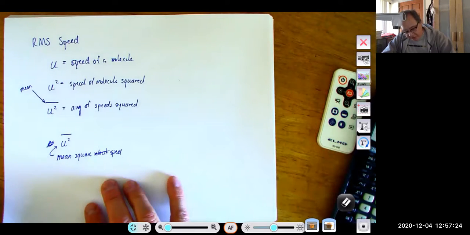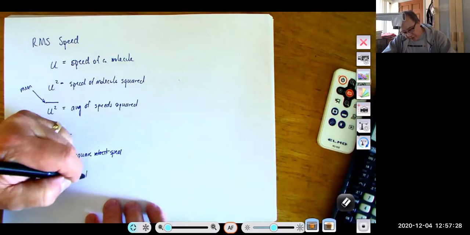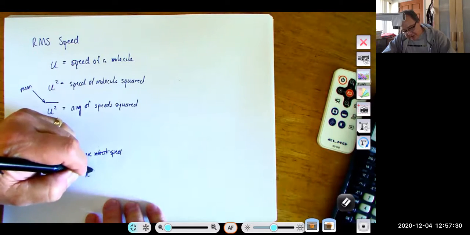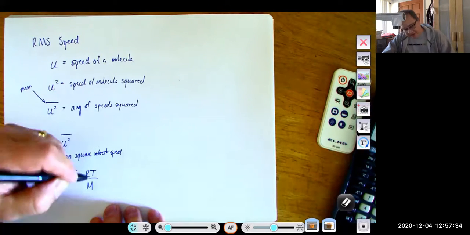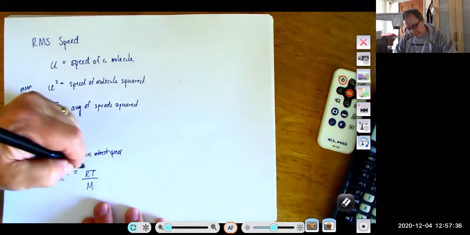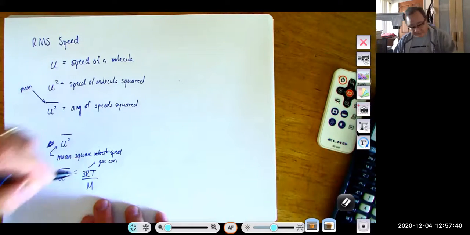Okay, now it turns out that this is equal to RT over the molar mass of the molecule. And actually there's a 3 in there.